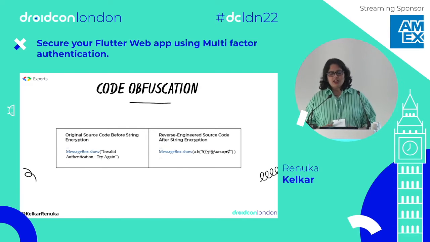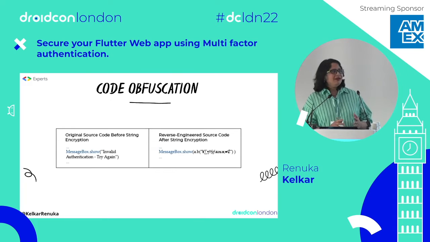The second thing is code obfuscation. So what is code obfuscation? Basically, code obfuscation is a process of modifying your app binary into a format that a normal human being cannot read. It makes it harder for other people to read your code. But how do you do this? This is already available for web applications and mobile applications. But what is its role in Flutter Web?